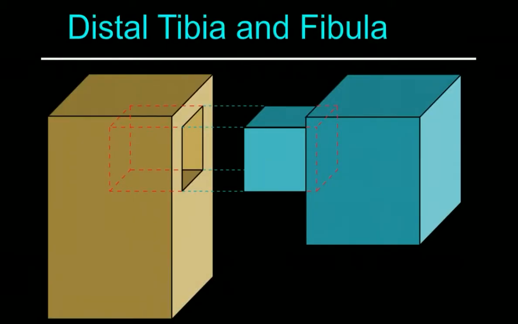All right, we're going to talk about just the distal tibia and fibula really quickly because I'm going to move on to ligaments of the foot and ankle next, and you can't really talk about the foot and ankle without talking about the distal portion of the tibia and fibula. I'm not quite sure in your anatomy class, but hopefully you learned that the ankle joint is a mortise type of structure.